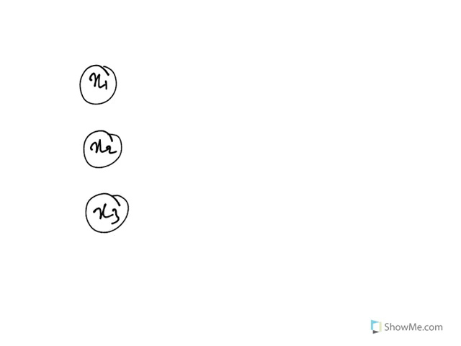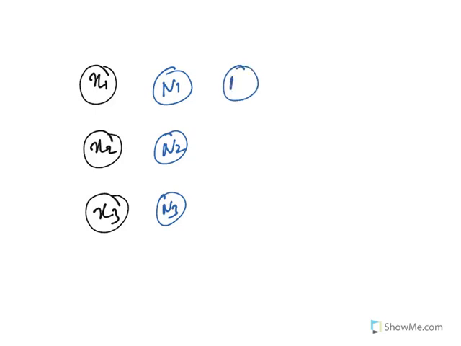We can say x1 is one input, x2 is another input, x3 is another input, and then you have a bunch of nodes: n1, n2, n3, n4, n5.